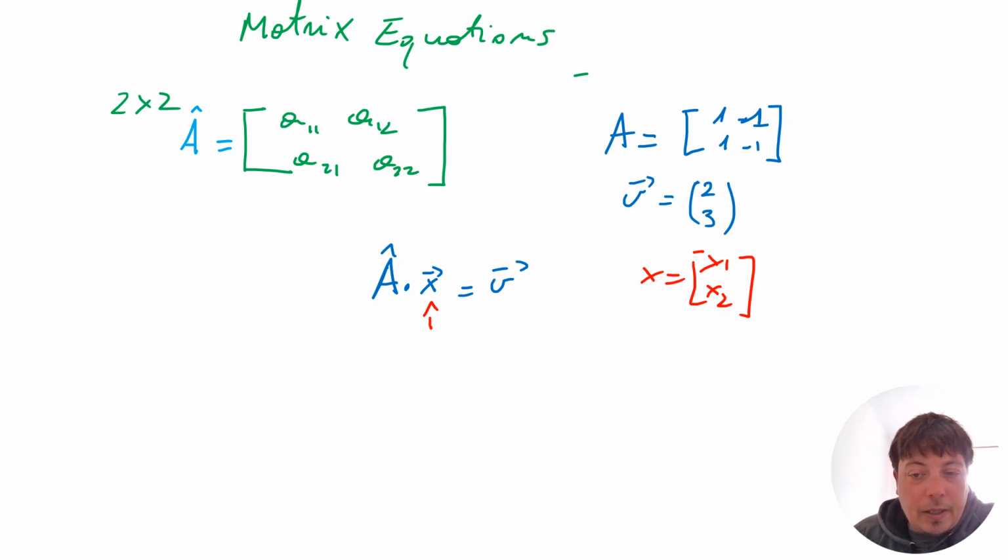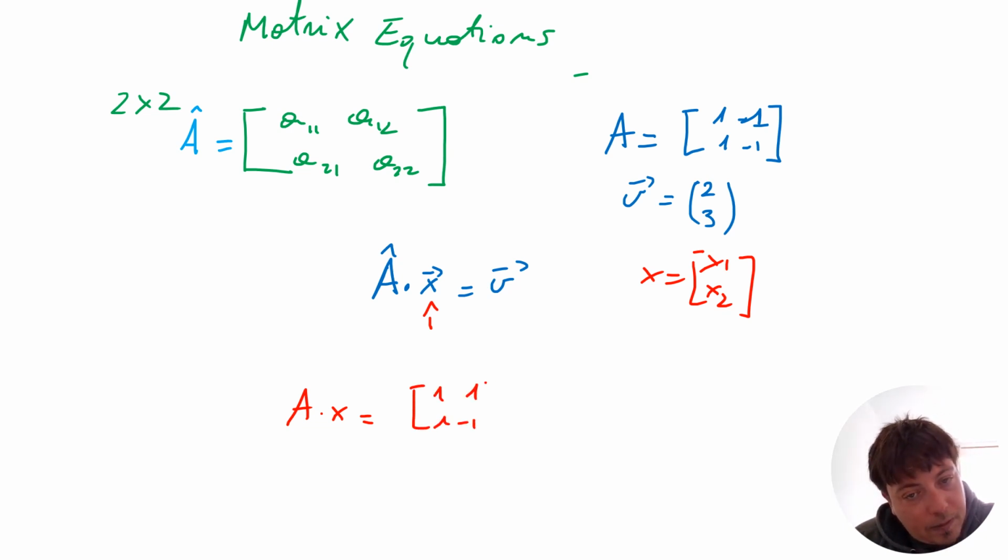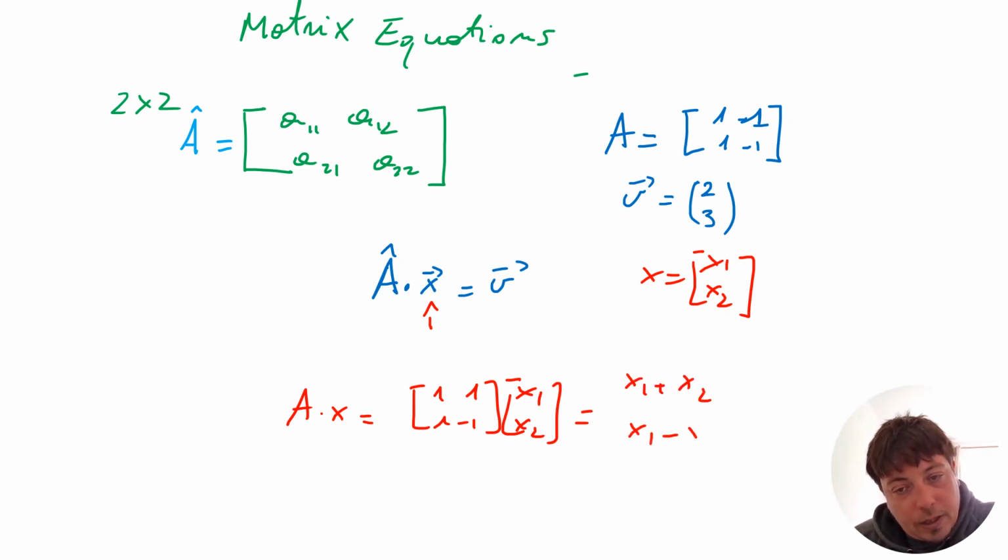Okay, so let's do something first. So let's do the multiplication. A times x. This is 1, 1, 1, minus 1, x1, x2. Then you do row by column. So we have x1 plus x2, x1 minus x2.